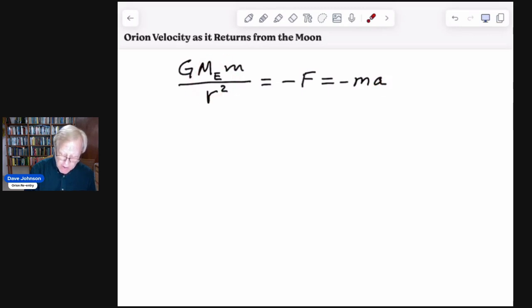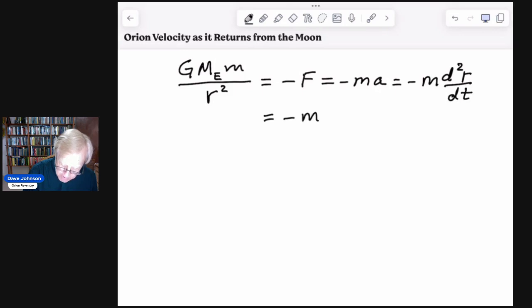Now, you might say, well, wait a minute, there's a derivative in the acceleration. Okay, let's write that out. So we get negative m times d squared r dt squared. And I can write that as negative m times d by dt of dr dt.